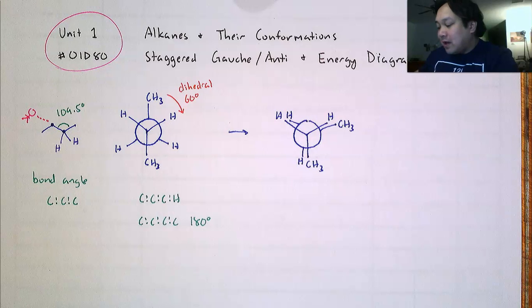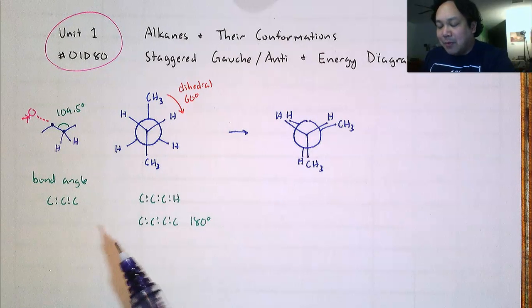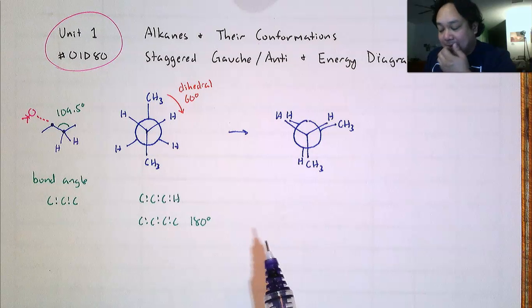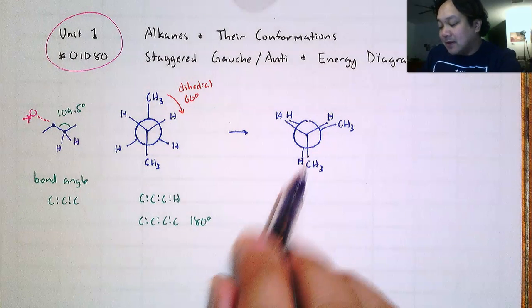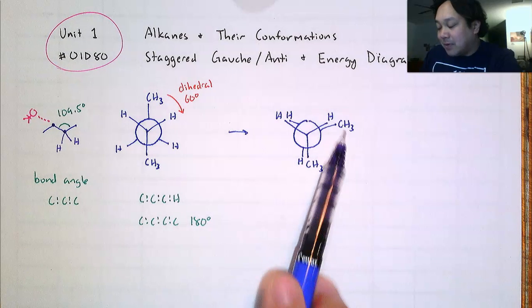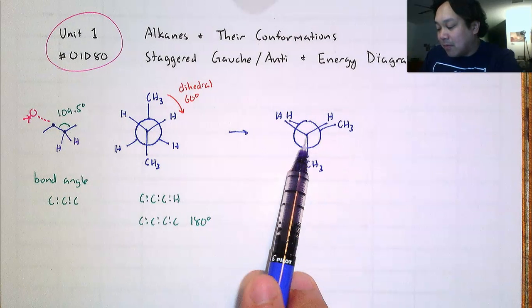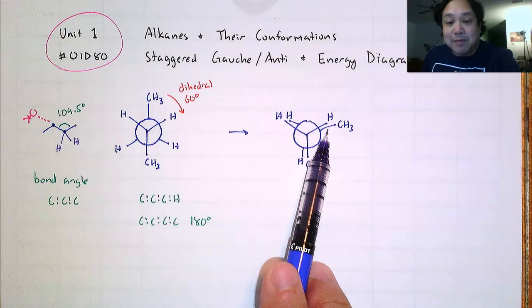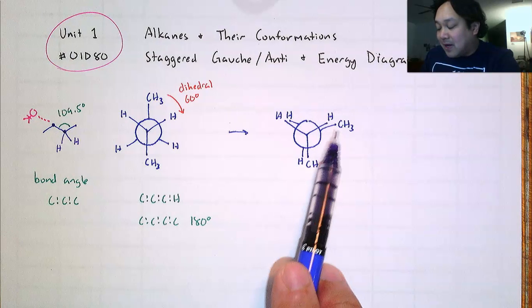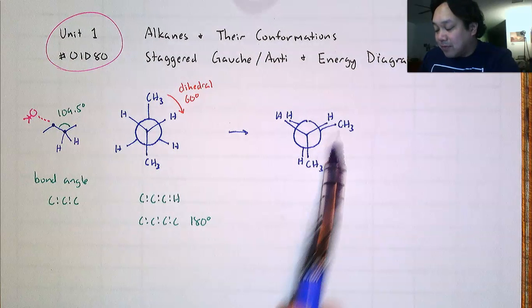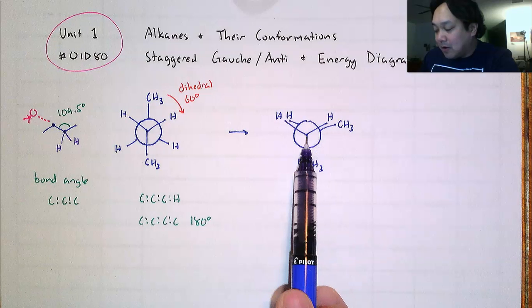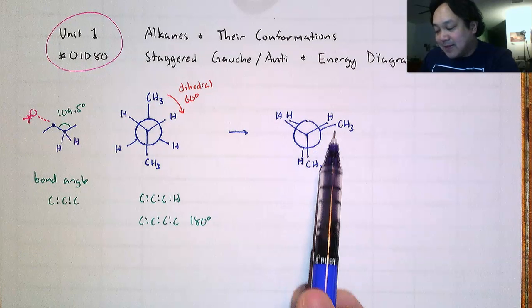If we have a set point, and we consider that 0 degrees, because right now, if I take a look at this, the dihedral angle made between this carbon and hydrogen is 0 degrees, so right on top of each other. But the dihedral angle of the methyl groups, carbon in front, carbon down here, that's not 0.